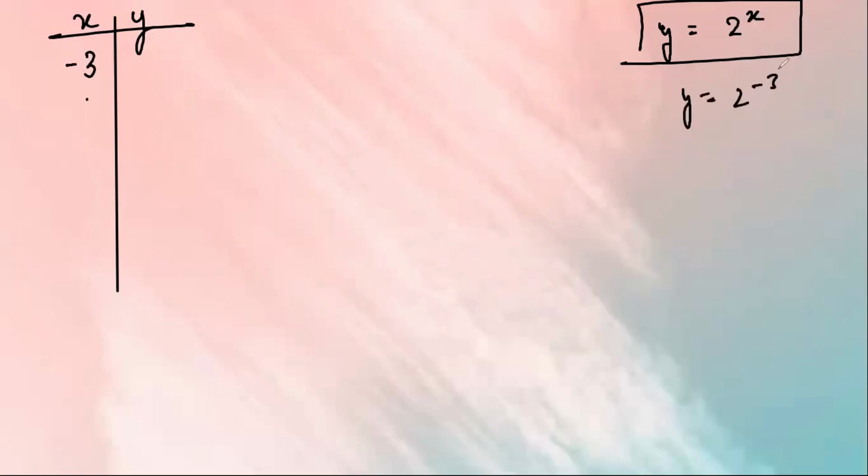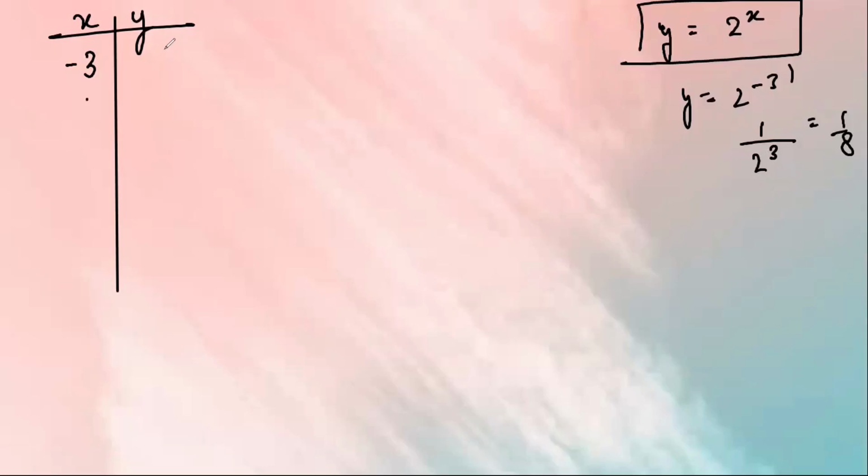To make the graph, we should have some x values, and with those x values, we should find some y values, right? That's my input and that's my output. We have to take some negative values, positive values, and 0. If I'm taking x as -3, I can't solve the negative exponent, so I change it into positive by reciprocating it, and it will be 1/8, because 2 times 2 times 2 is 8.